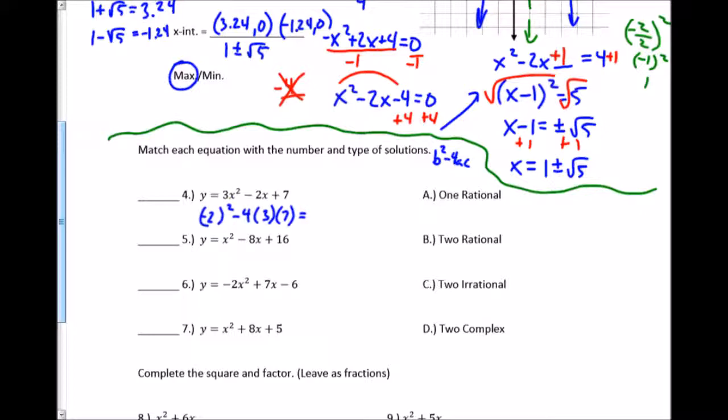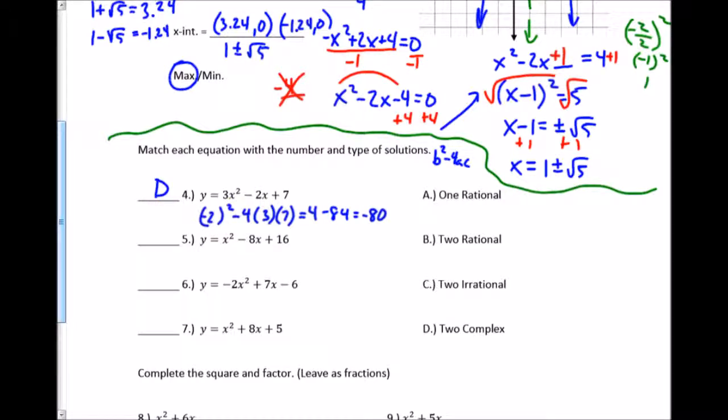When I plug that in, I get 4 minus, let's see, 4 times 7 is 28, times 3 is 84. So you get a negative 80. If the discriminant is negative, I know I have two complex solutions. Okay, that's what it means when I get a negative under the square root.